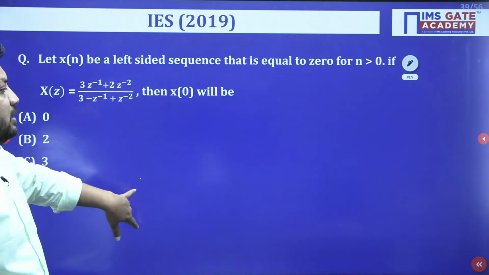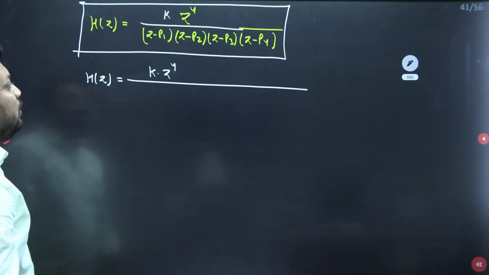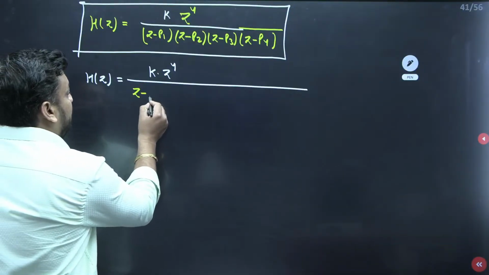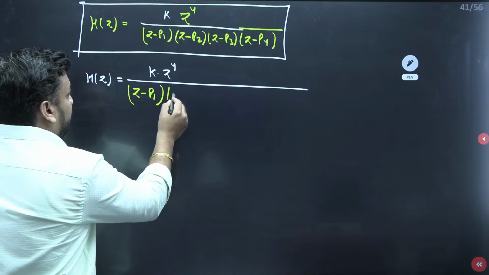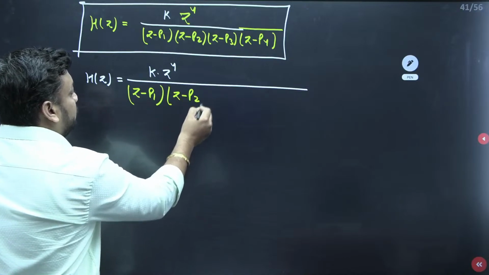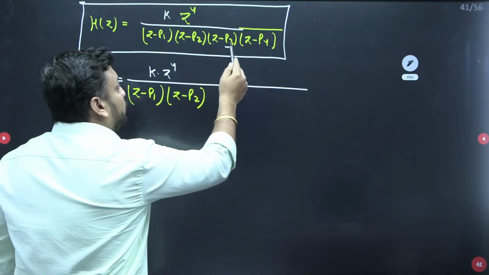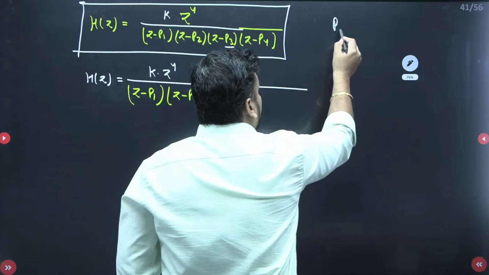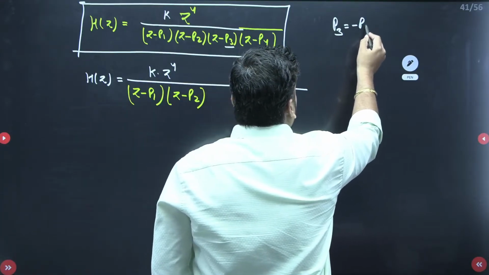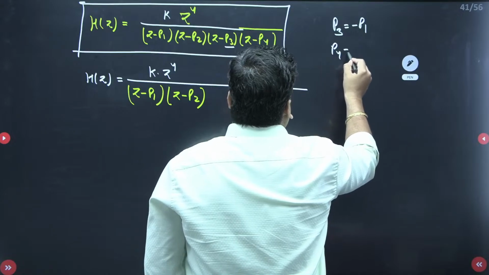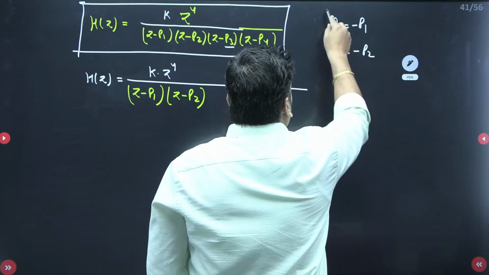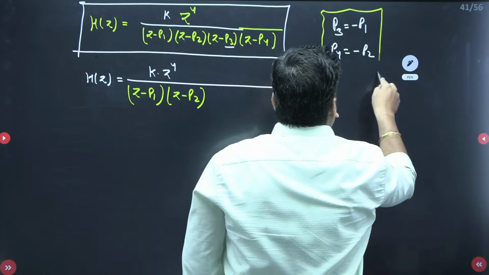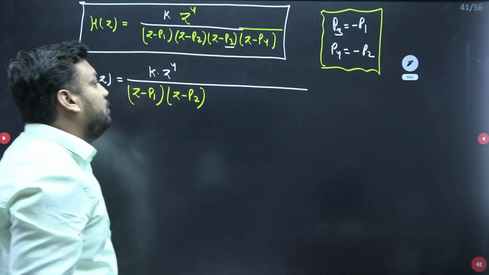Yes, P1, P2 values we have. So now should I write here (z minus P1) and (z minus P2) as it is? I told you already, by the last slide we can observe P3 I can replace as minus P1 and P4 I can replace as minus P2.